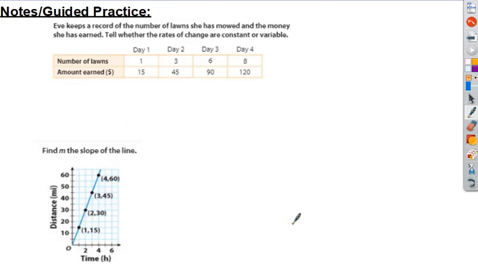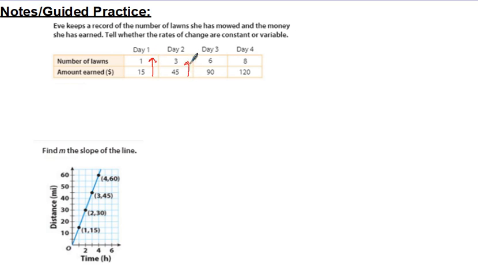All right, so we have Eve, who keeps a record of the number of lawns she has mowed and the money she has earned. Tell whether the rates of change are constant or variable. So we can actually do this two different ways. We can do it the way we've been doing it, which is just y's over x's. But the best way to do it is actually to check using our y1 and y2s and subtracting.